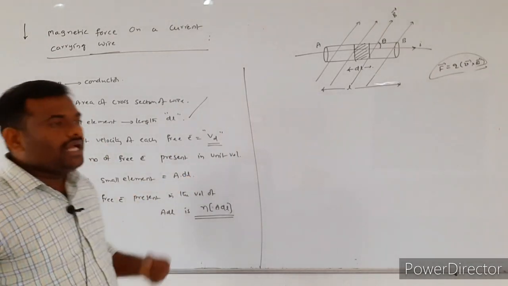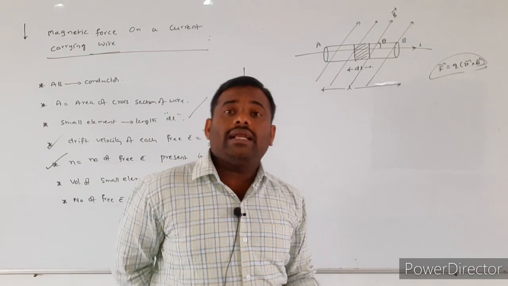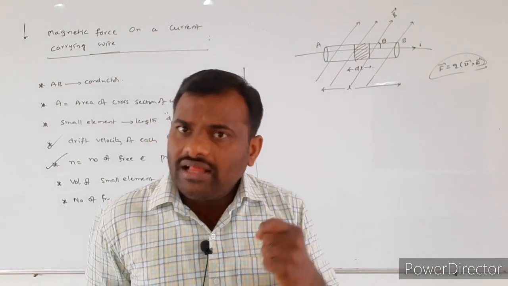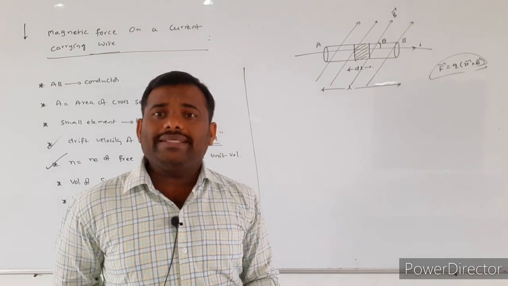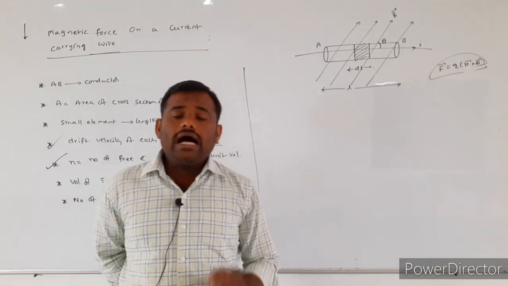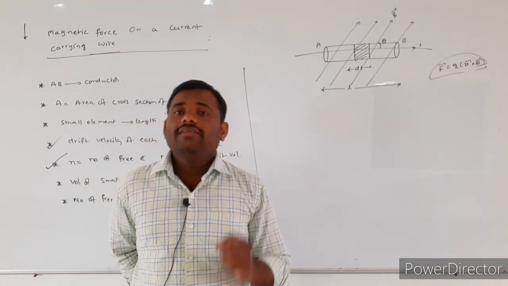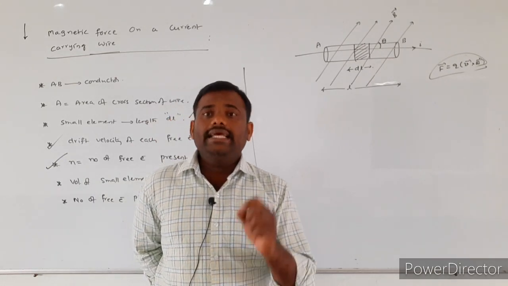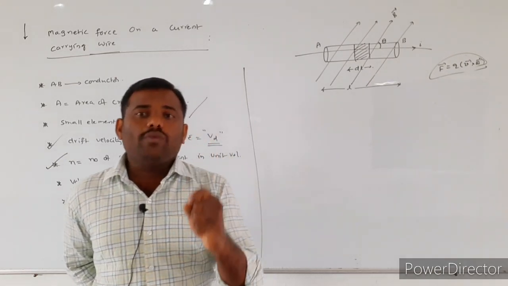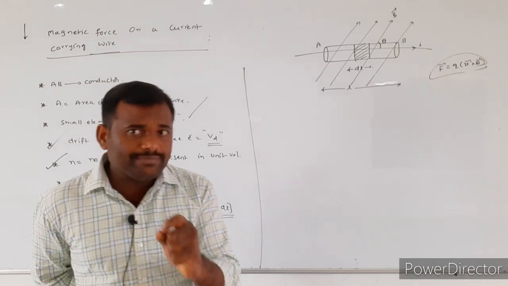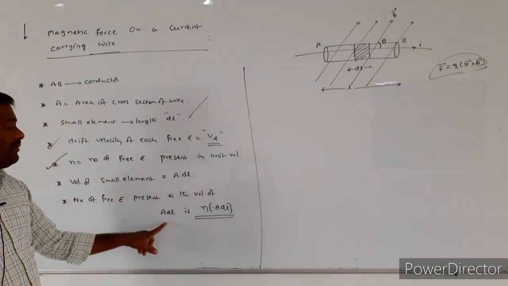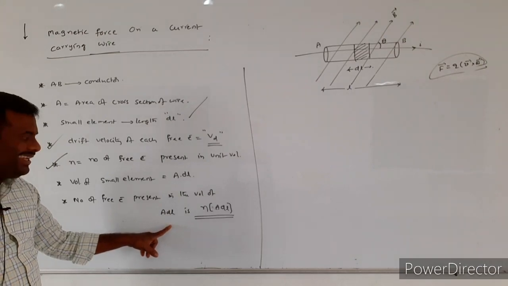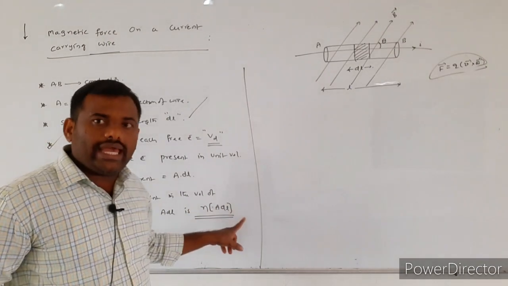Now, what I want to write is how many free electrons are present in the volume of the small element. The number of free electrons present in the volume of the small element A dl is n into A dl.